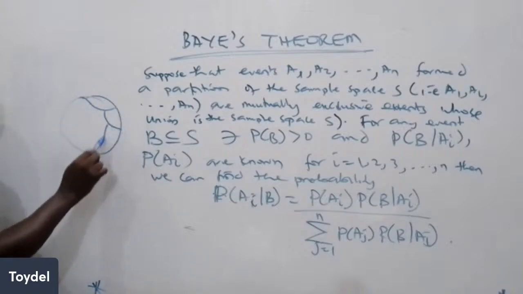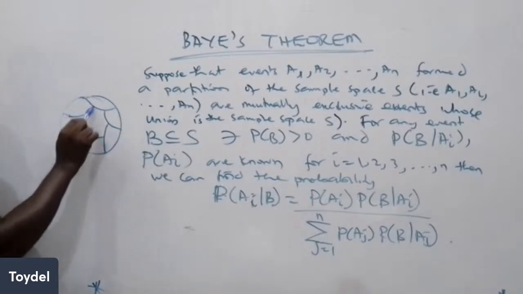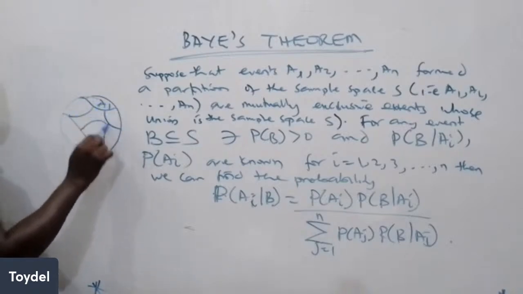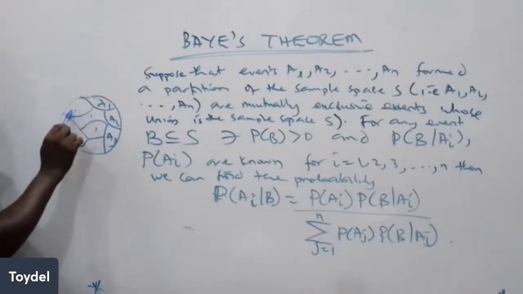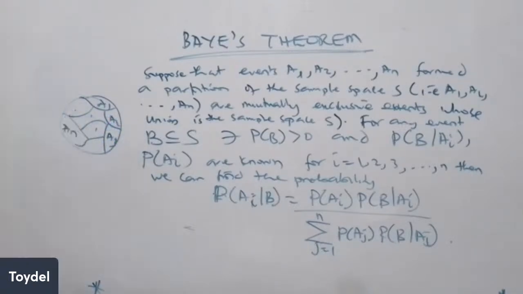It has formed a partition. This is A1, A2, A3, up to AN. It's divided into so many compartments.